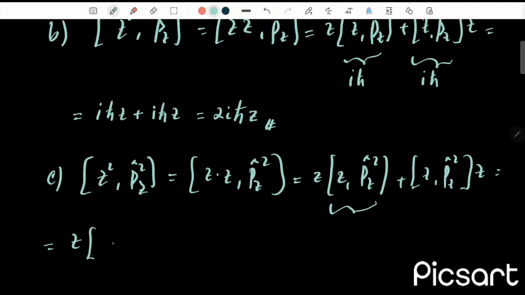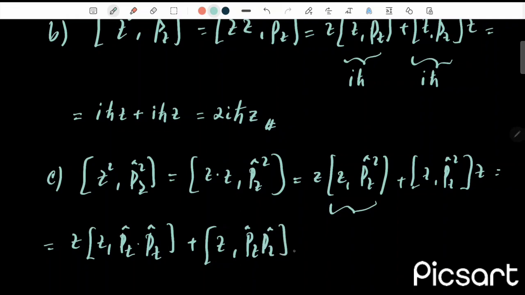I can rewrite this as z pz times pz plus z pz times pz times z.